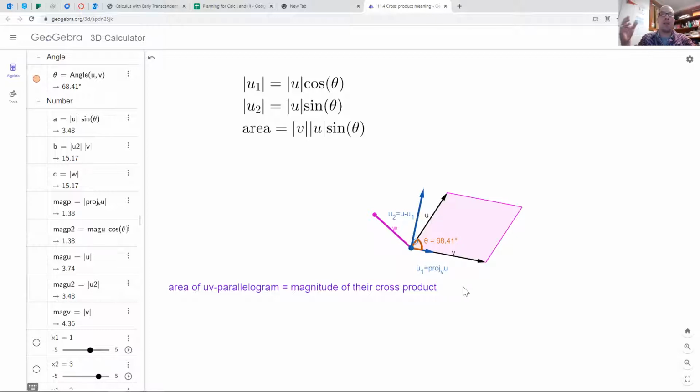And remember, the dot product was the length of this vector times the length of v. That was the dot product geometric interpretation. The cross product, however, focuses more on finding the area of this parallelogram.